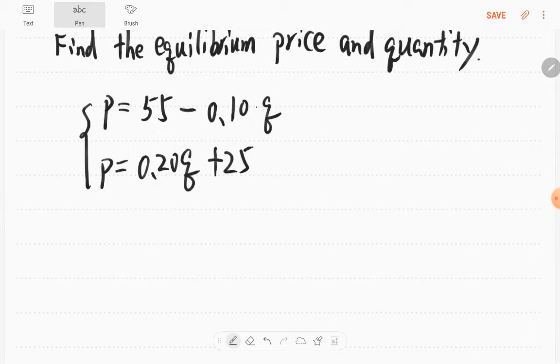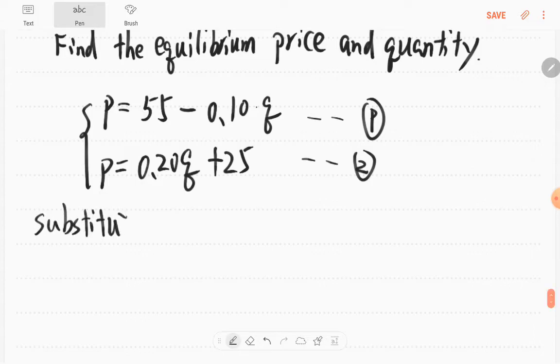Here we can use the substitution method. The reason is we know P from the first equation, so we plug the first equation into the second equation. This is the first equation, this is the second equation. We substitute 1 into the second equation.